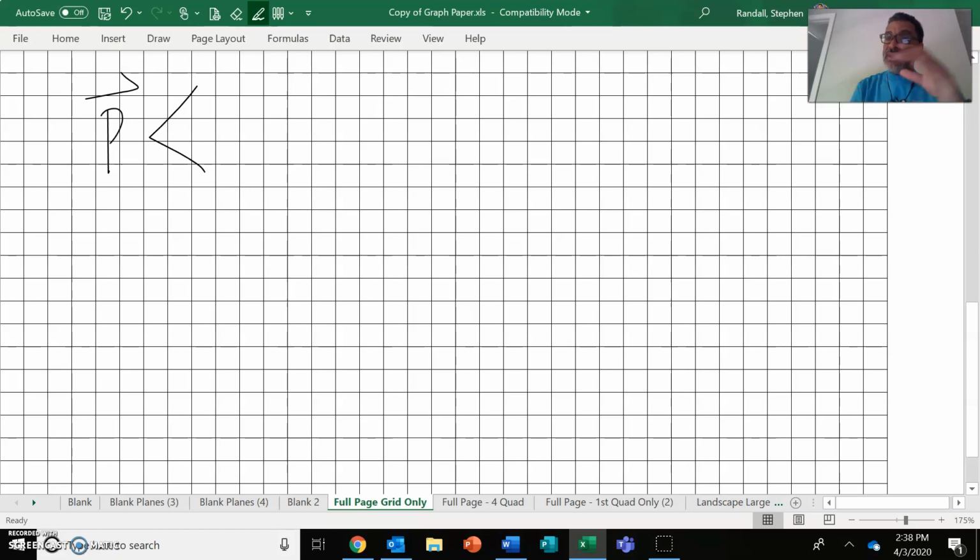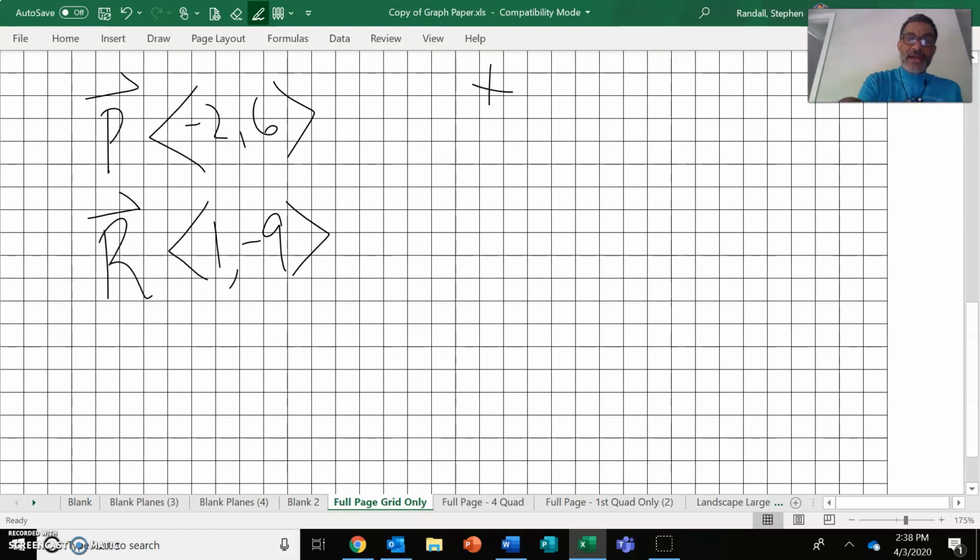Parentheses make it an ordered pair. The bracket makes it a vector. So we're going to say P is negative 2, 6. We're going to say vector R is 1, negative 9. And I want to add them, I want to subtract them, and I want to find the magnitudes.